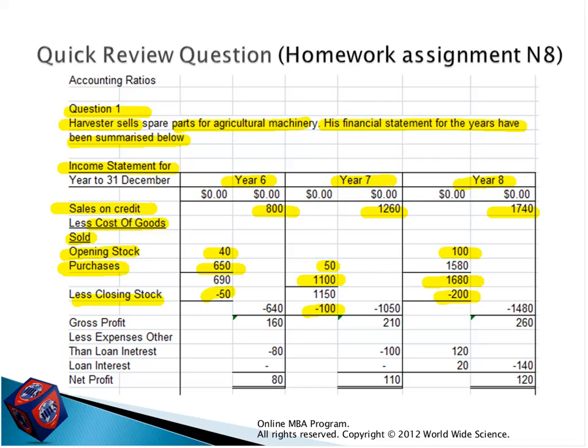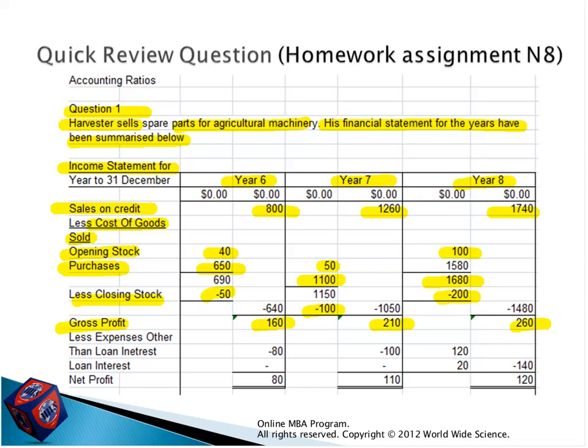And gross profit as well: for year 6 is 160, for year 7 210, and year 8 260. As you can see, the gross profit is increasing year by year, if you do comparison among the years.